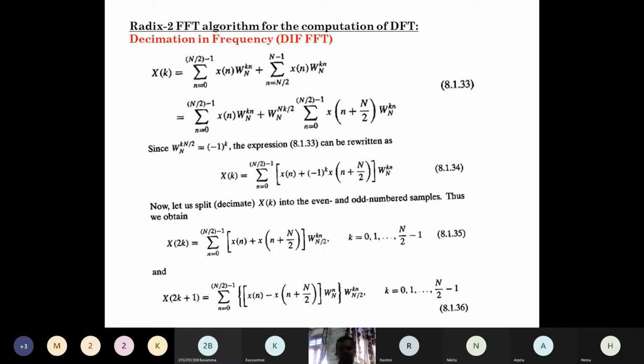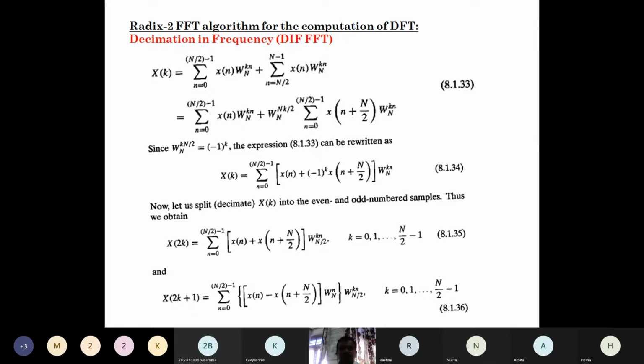Similarly, in DIF, the given computation of the DFT equation is X of k equals summation n equals 0 to capital N minus 1 x of n W_N to the power kn. Instead of going for even and odd sections, let us have another sampling concept.